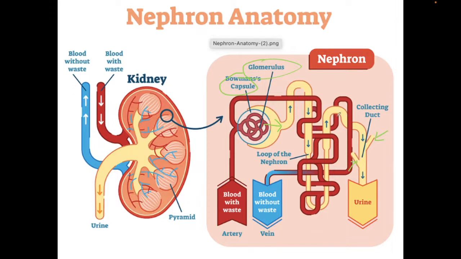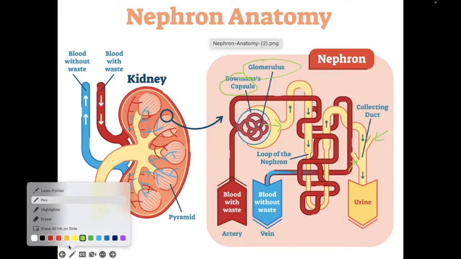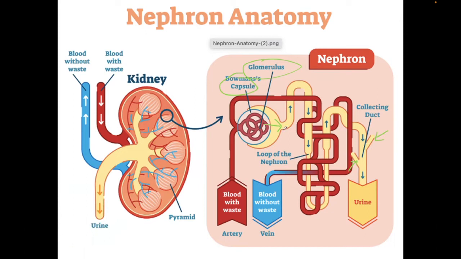Okay, and notice we have this peritubular, just meaning arteries and veins going all around the tubules. And that's because at any point in time, the kidneys and the nephron are temperamental.